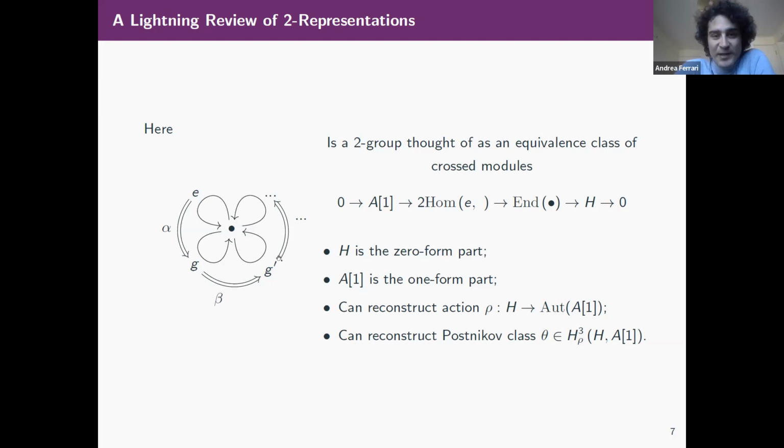Namely, we can extract from this two category one group, the group of one morphisms, which we put here, and another group from the two morphisms, which we can put here. This fits into a crossed module, where H is what is known in physics as the zero form part and A is the one form part. From these two groups, seen as a two category, we can reconstruct an action of H on A and a Postnikov class that basically classifies these two groups and crossed modules.